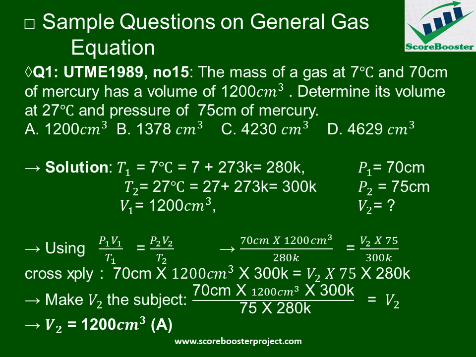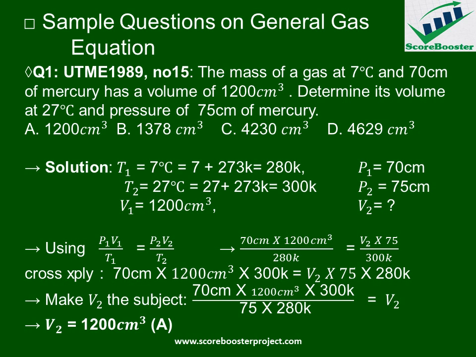Also, we are given the initial pressure P1 to be 70 centimeters. Then we are given the final temperature T2 to be 27 degrees Celsius. As usual, we add 273 Kelvin to convert it to Kelvin. Therefore, 27 degrees Celsius will be 27 plus 273 Kelvin, making 300 Kelvin.